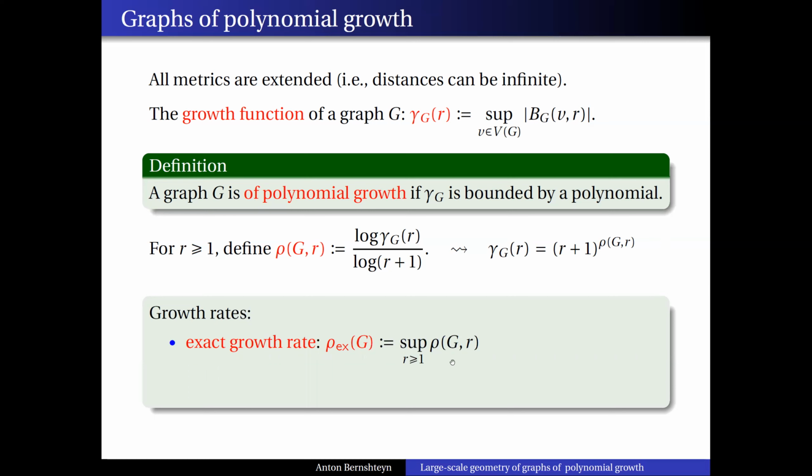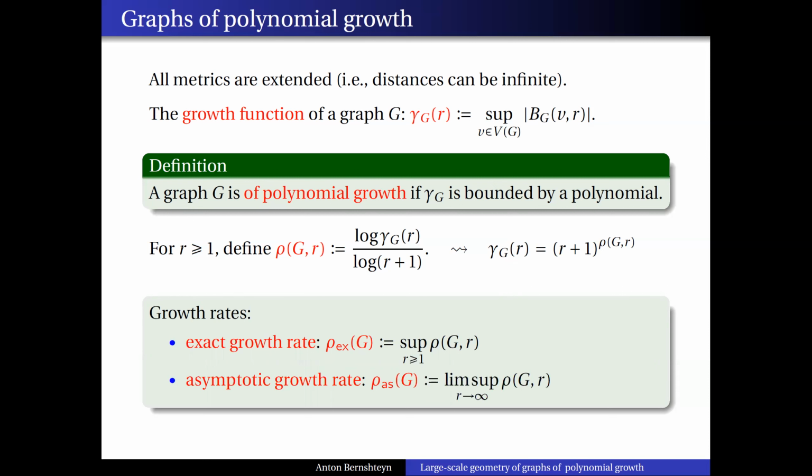And this exactly says that the growth function of G, gamma sub G of r, is bounded above by r plus 1 raised to the power equal to the exact growth rate of the graph, for every r. This is a reasonable definition, but maybe not exactly the sort of thing we want to look at, because we really only care about what happens at large scales, when we look at vertices that are far from each other in the graph.